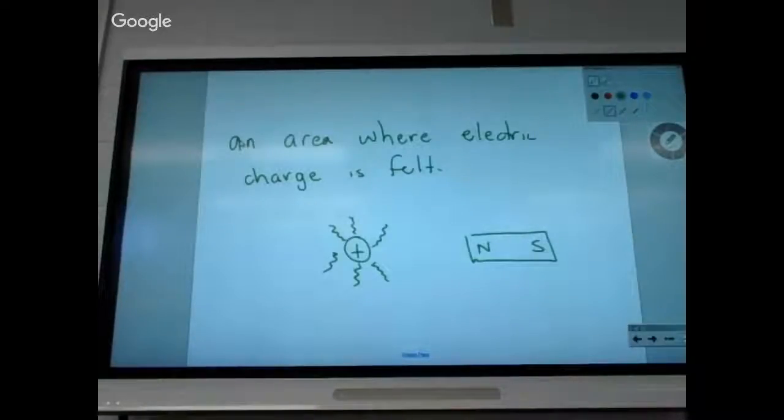Now, if it is not the smallest part of an element, if it's been broken down, what does it become? What are the subatomic particles we learned about? It becomes a proton or an electron or a neutron if you break it down further. That's why I said it's the smallest part that can exist alone, because if you break it down further, it's one of the protons, neutrons, or electrons.